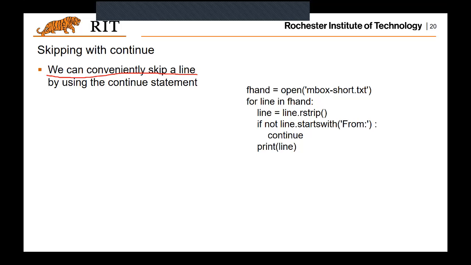For example, let's look at the code shown here. We open the file and start the loop. This line removes the white space. That means if you have the new line character, this will be removed.